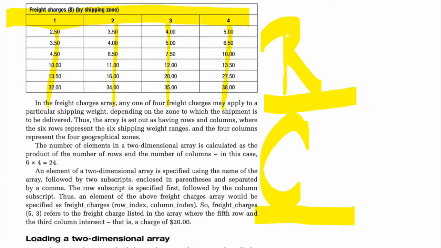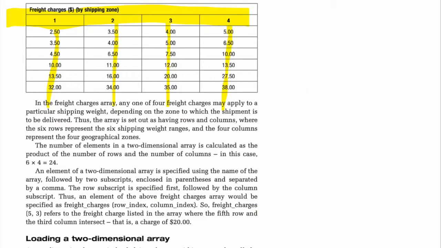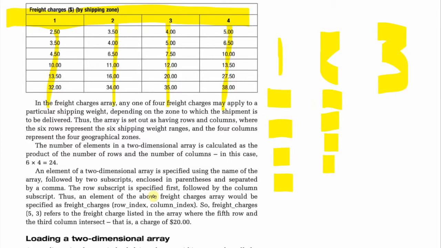So if we think of how our loops work, first we do the rows, then we do whatever the columns are after that. We increment our loops to get the rows, and then we do whatever the columns are after that.